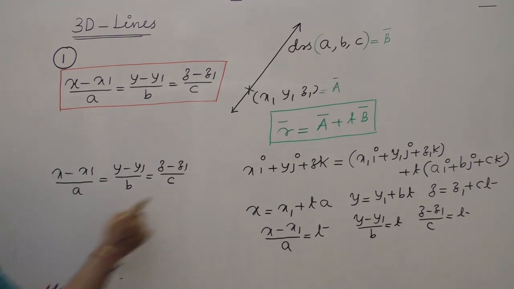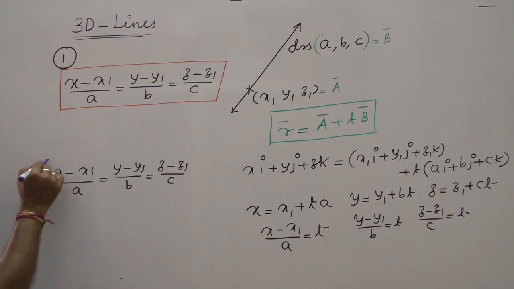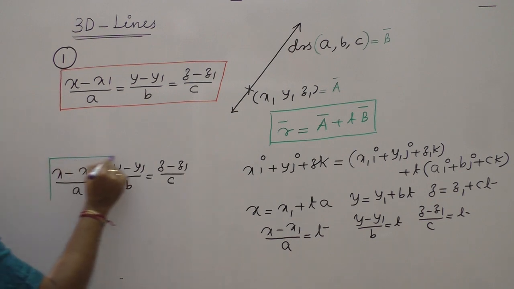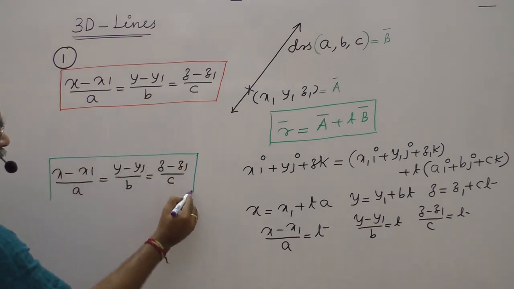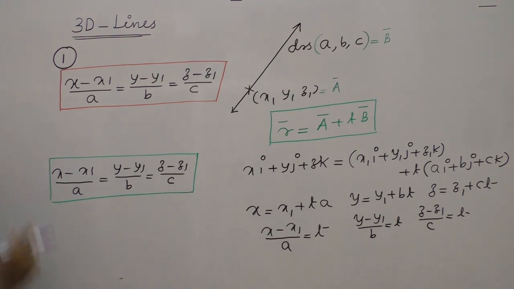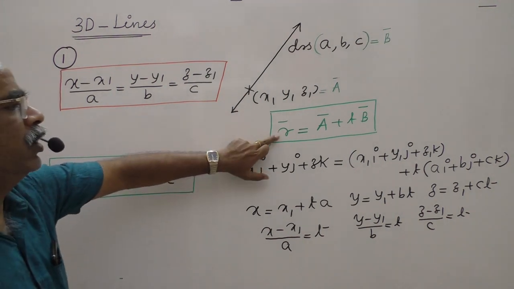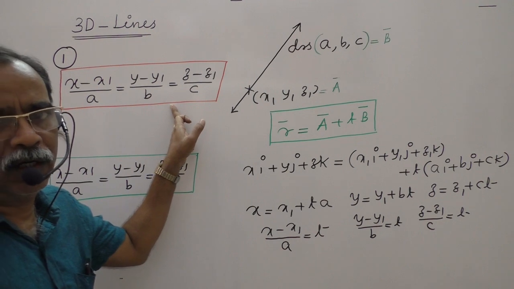Therefore, there is no vector now. So this is the Cartesian equation, which is in terms of x, y, z. Similarly, if this is given, you can find its Cartesian form.